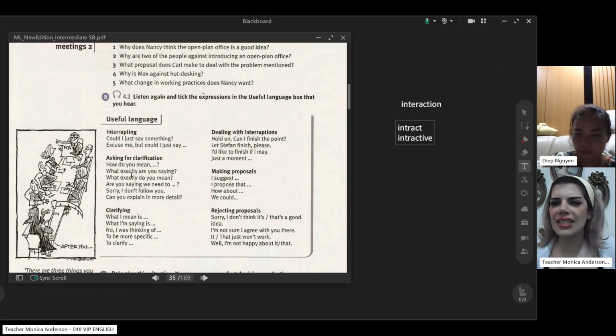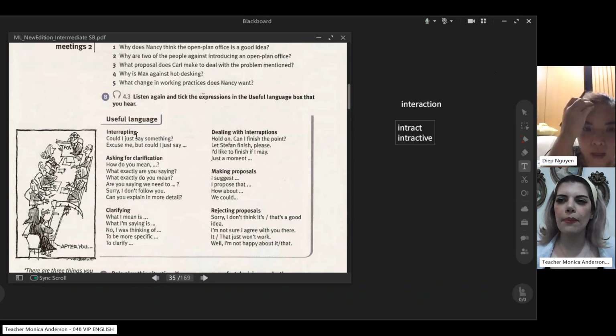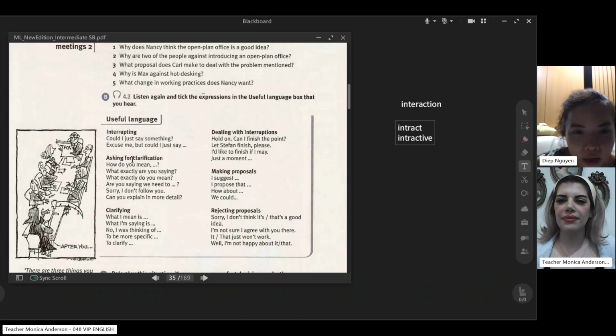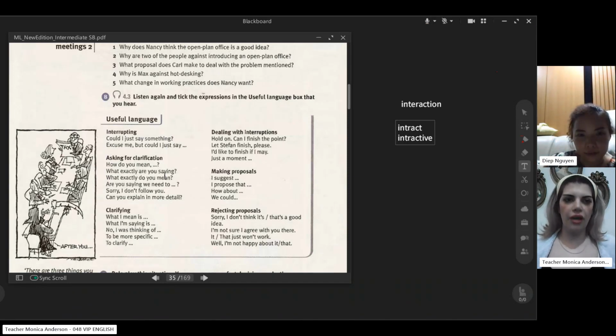Well, what did you hear? Tell me which phrases you could hear during the listening. Interrupting: could I just say something? Asking for clarification: how do you mean? What exactly are you saying?